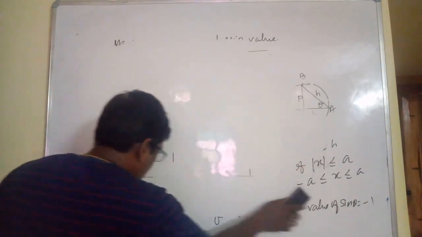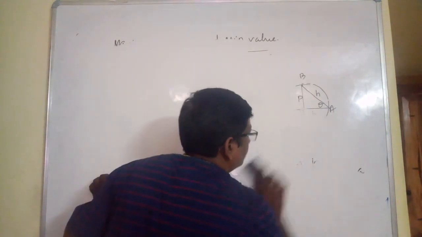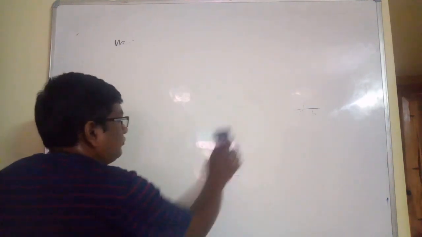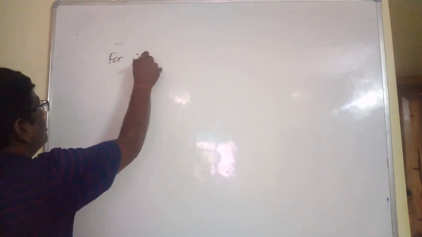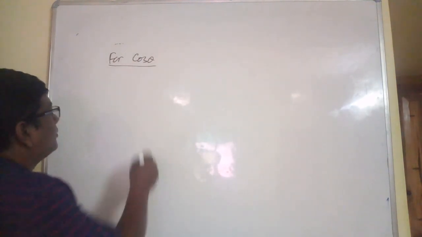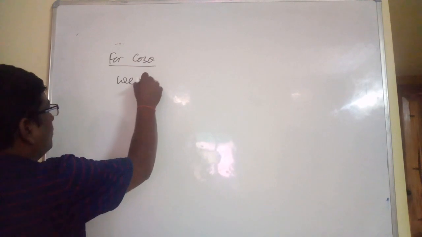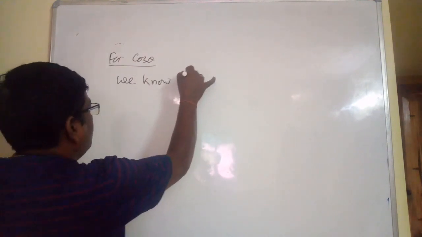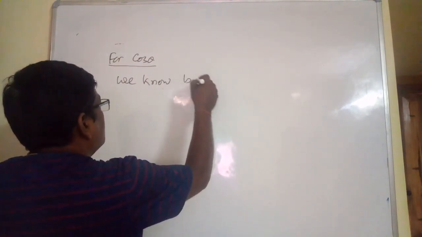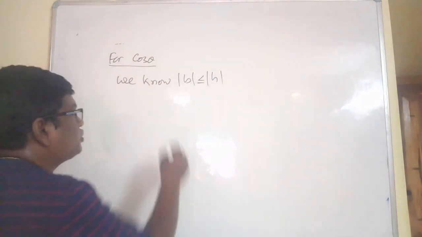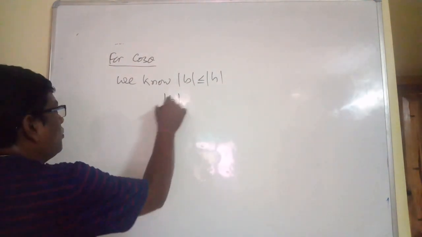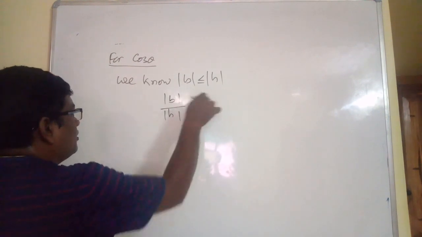Now for cos theta, we know B less than or equal to H, mod B less than or equal to mod H. So divide by mod H. Mod B divided by mod H is less than or equal to 1.